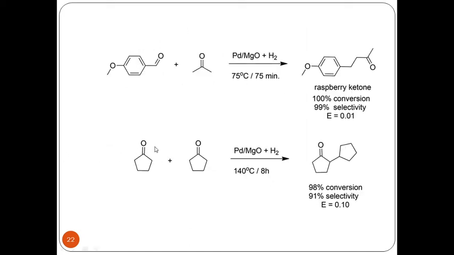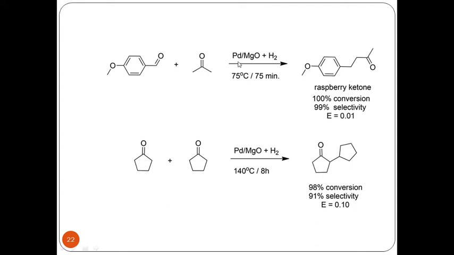The next example I want to consider in terms of selectivity is paramethoxy benzaldehyde reacting with acetone in the presence of palladium, magnesium oxide and hydrogen at 75 degrees for 75 minutes, which gives raspberry ketone. Here a carbanion attacks the carbonyl carbon.